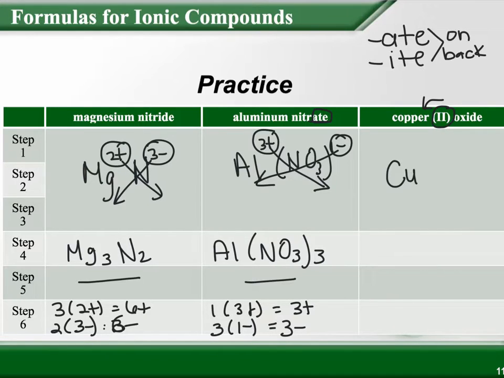So Cu is the symbol for copper. Oxide, we drop off the IDE, we look at the OX, and we see that that is oxygen, so it's an O. Because of this Roman numeral, that will give copper a charge of 2 plus, and then oxide has a 2 minus.